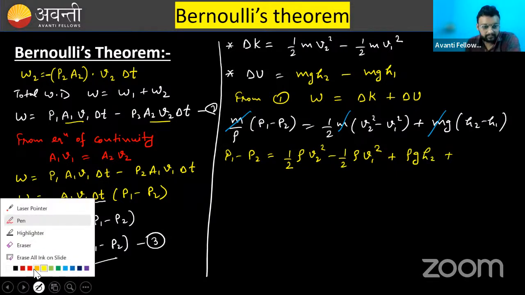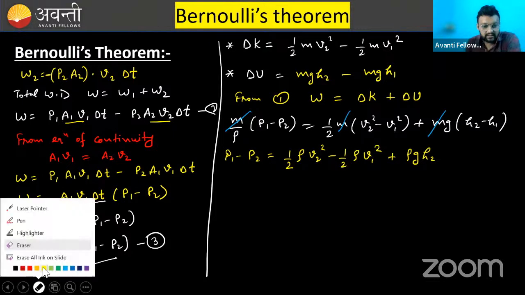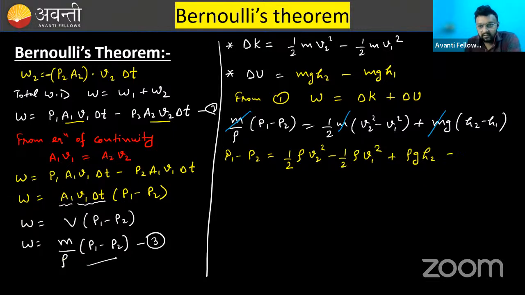minus rho g H1. Now transfer all these terms, collect the terms which have 1, like P1, rho V1 square and rho g H1, along one side.